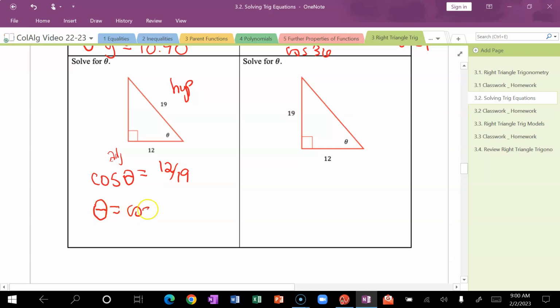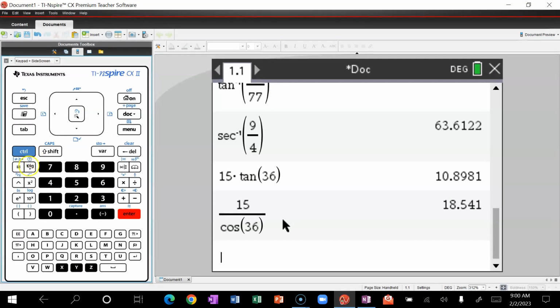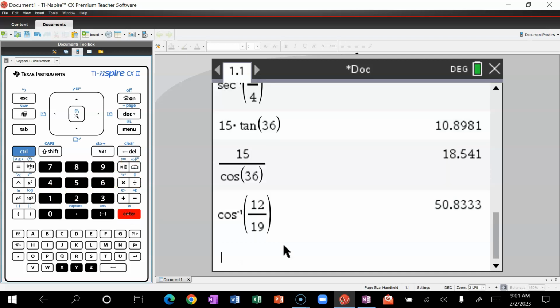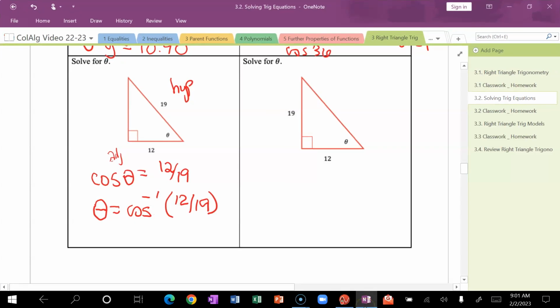Theta is going to be the inverse cosine of 12 over 19. So the inverse cosine of 12 divided by 19 is 50.83. I solved for an angle.